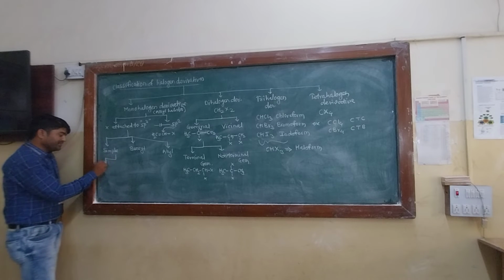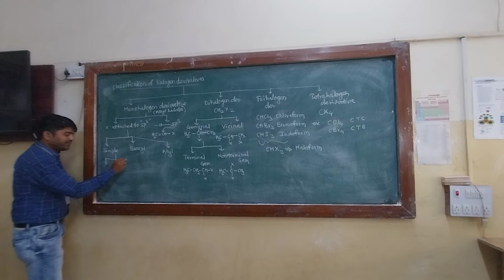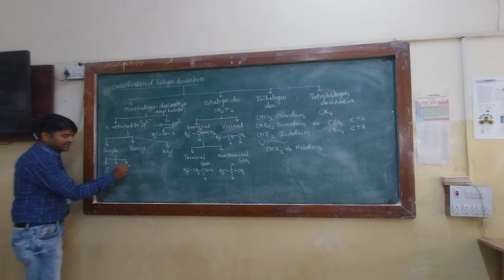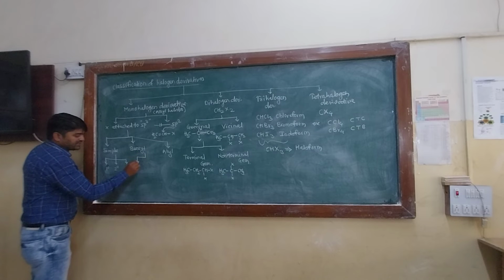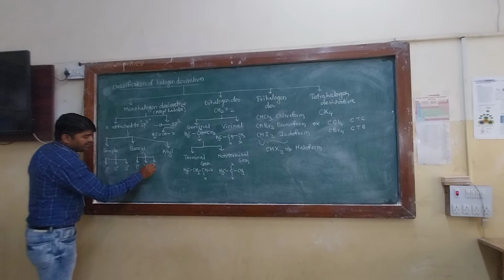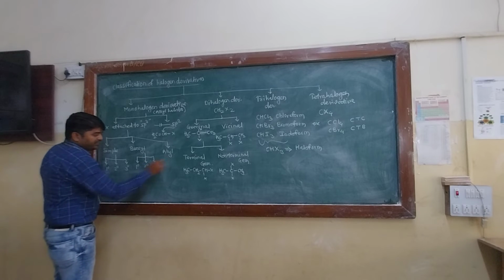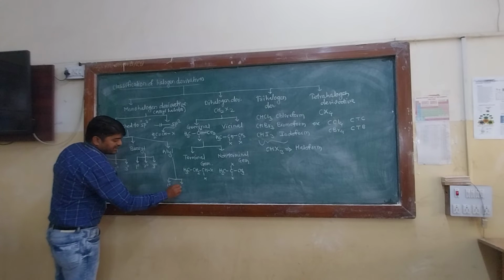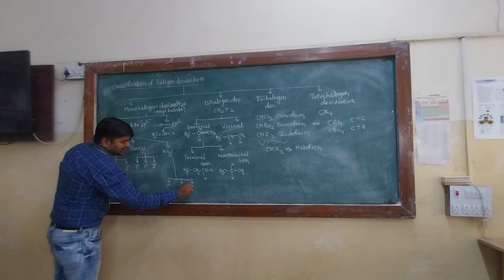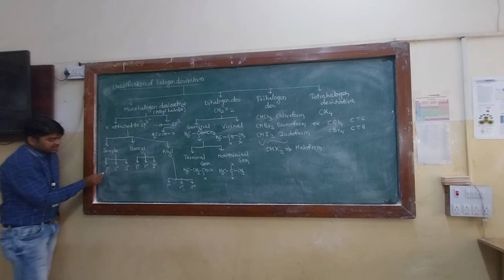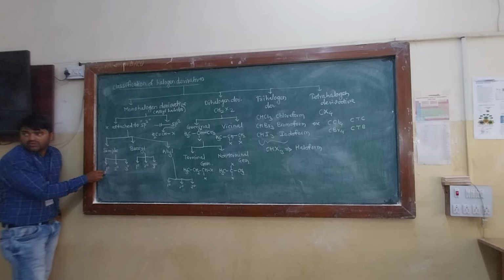Now simple monohalogen derivatives are further classified into primary, secondary and tertiary. Benzyl is also classified into primary, secondary and tertiary, and the allyl monohalogen derivatives are classified as primary, secondary and tertiary.